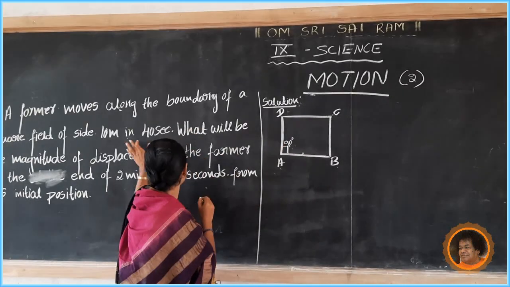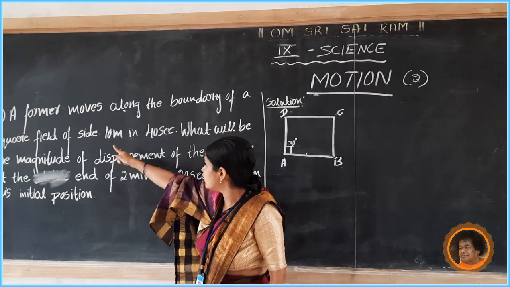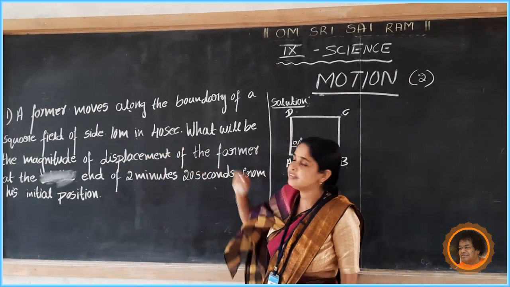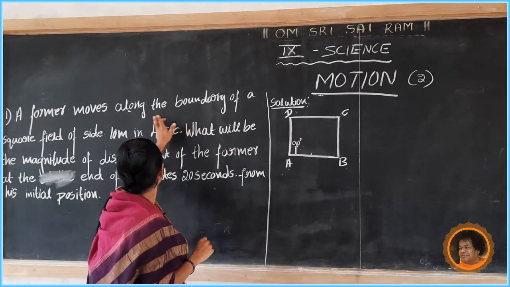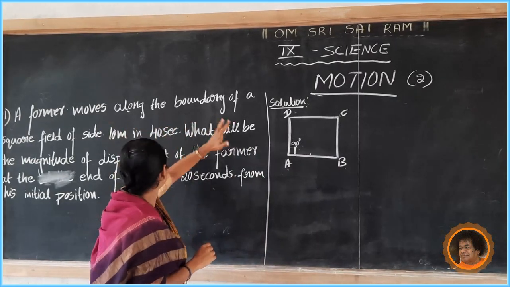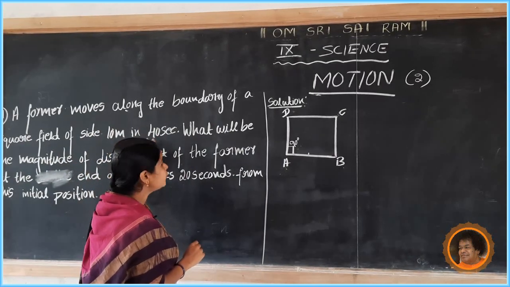Again come to this problem. A farmer moves along the boundary of a square field of side 10 meter in 40 seconds.